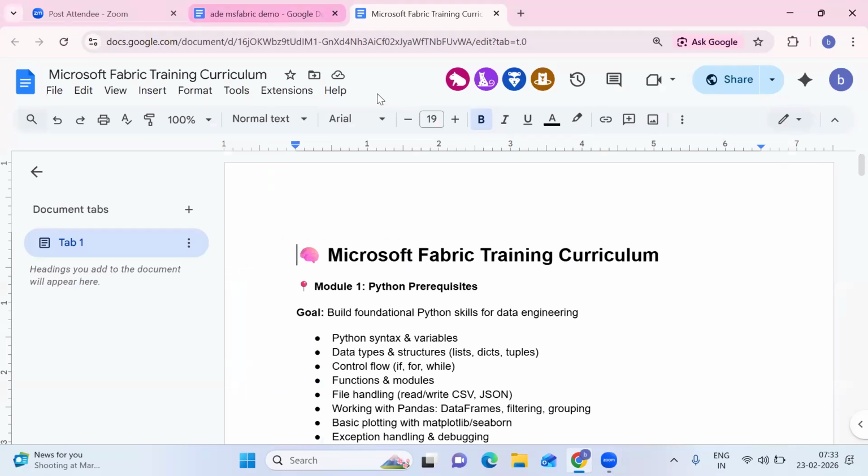So this curriculum is based on the DP 700 certification. DP 600 I already told you, that is for data analyst, and 700 is for data engineer. Currently in Microsoft, no certification is readily available for data science. But in the platform as a service in the Azure family, for data science, we have certification DP 100.